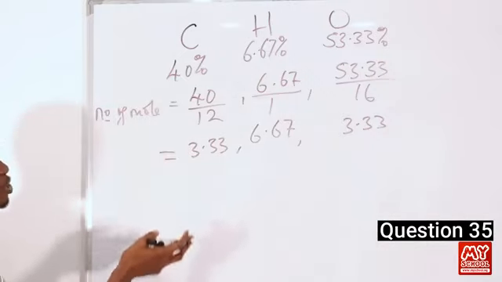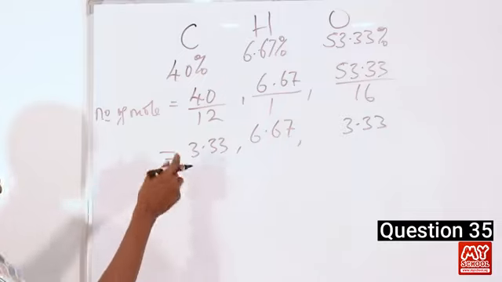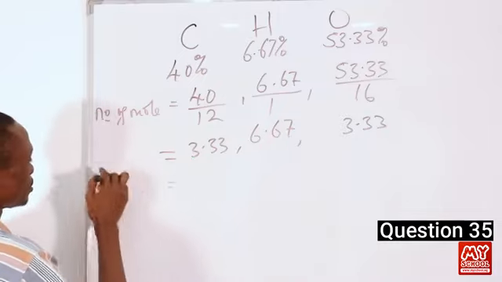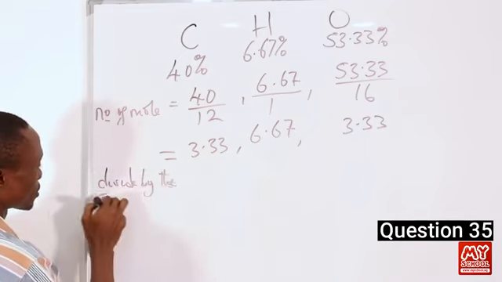Now the next step is to divide by the smallest of the number of moles. The smallest here is 3.3. So we divide by the smallest.